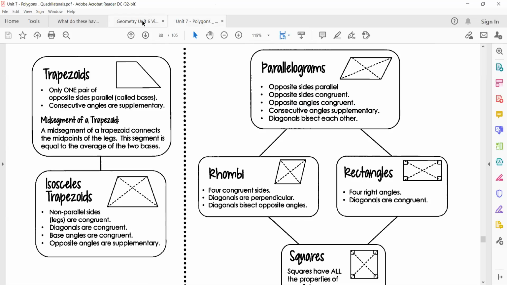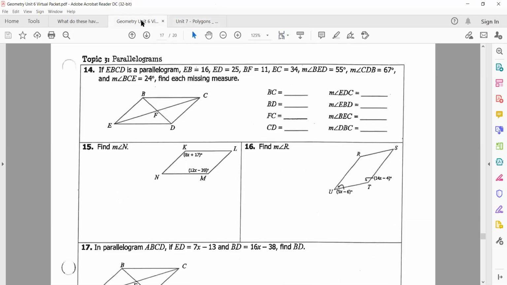You've got to use your properties now. Opposite angles are congruent. Consecutive angles are supplementary. And what else do you have to work with here since these are parallelograms? What do those diagonals, how do they function inside any parallelogram?